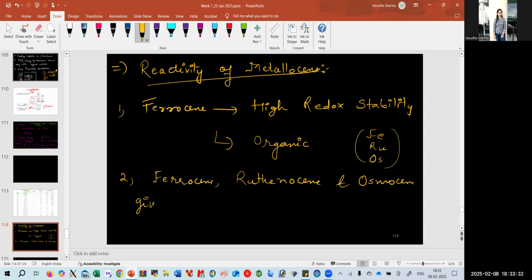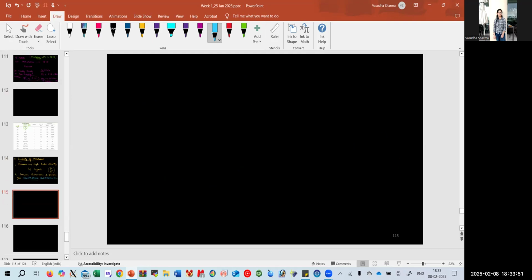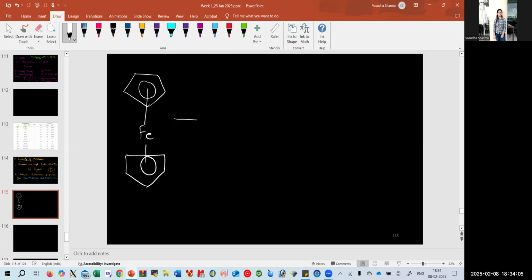They will give you electrophilic substitution reactions, which means we start with the more stable isomer, which is the eclipsed form.